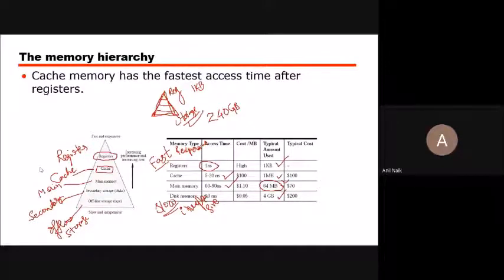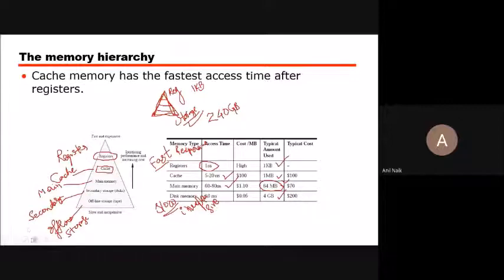The memory size of that server is in terms of terabytes. That's why you people are still not facing any problem accessing the data. Even you submitted your answer sheets, in terms of MB size. So this is about the memory hierarchy.